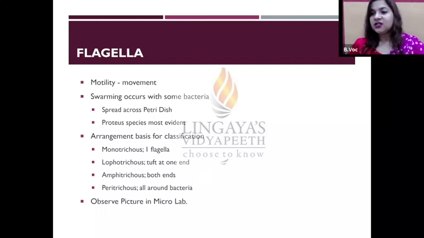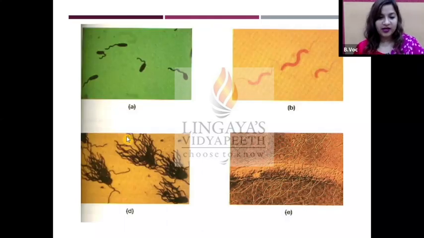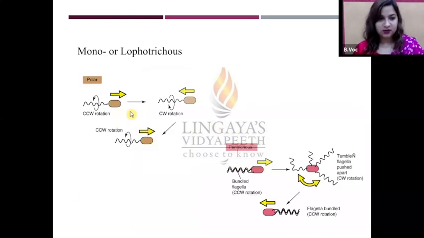Then the peritrichous bacteria will have the flagella all around the bacteria. All right. So here you can see the mono. Mono is the one which has a singular flagellum at one end.